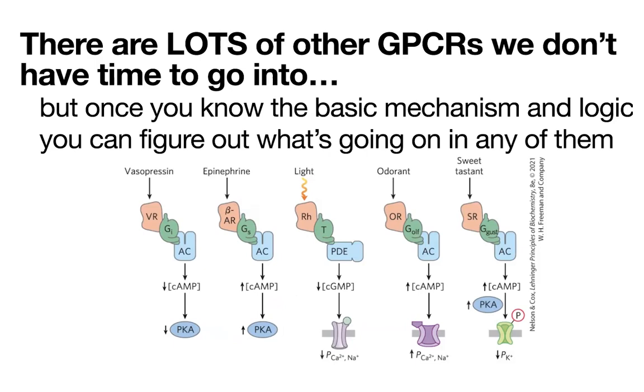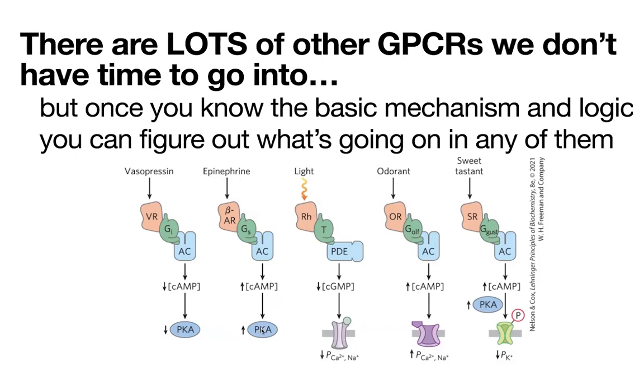So remember that if you see one of these S's, this is going to be a stimulatory subunit. It's going to stimulate adenylyl cyclase. A classic example of this was our beta-adrenergic receptor, which is going to respond to epinephrine by increasing the production of cyclic AMP and activating PKA.